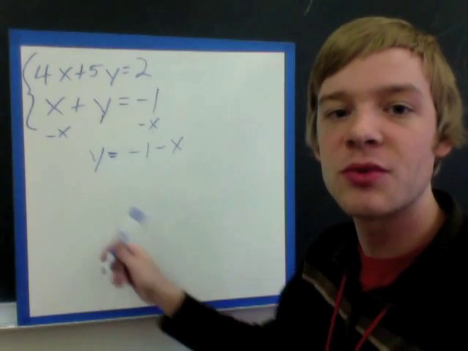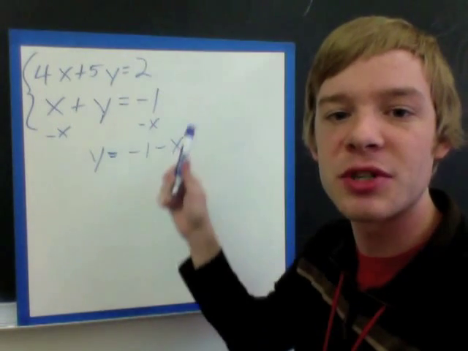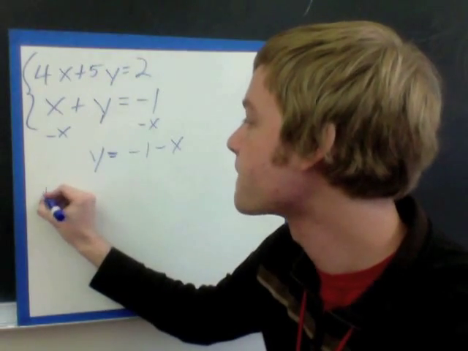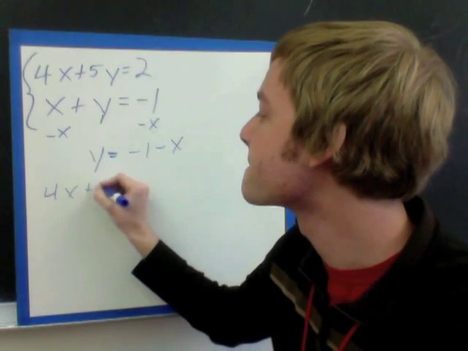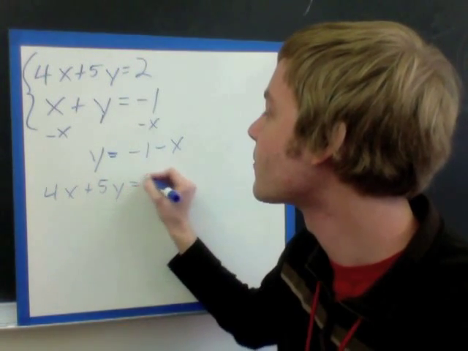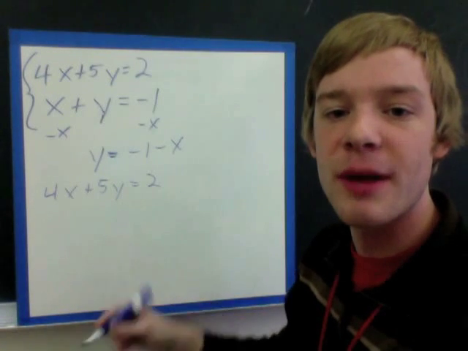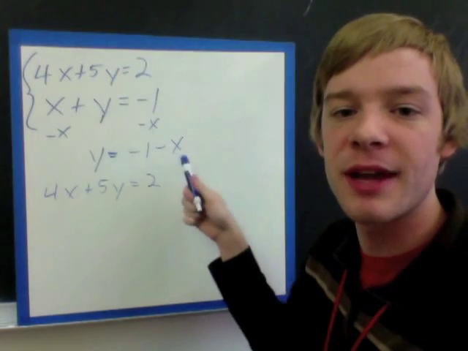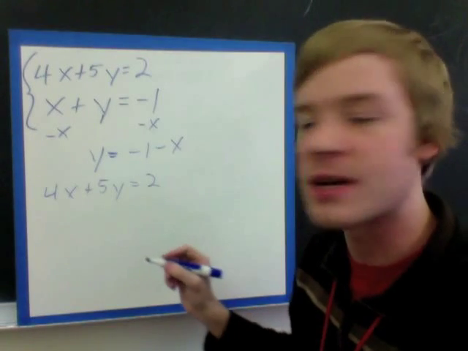So all I'm going to do is rewrite this top equation here. Now, instead of this y, I'm going to put an empty set of parentheses where I'm going to end up putting the negative 1 minus x.